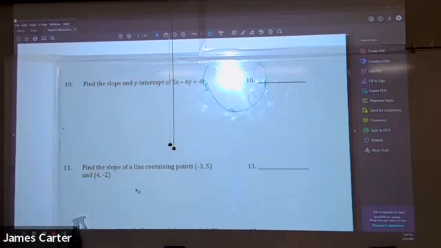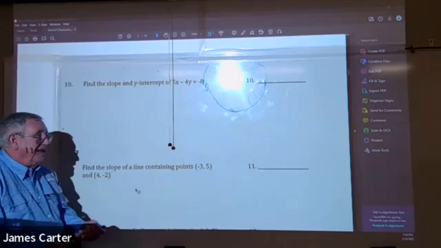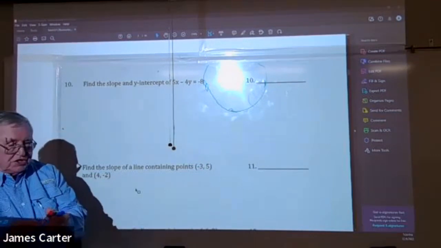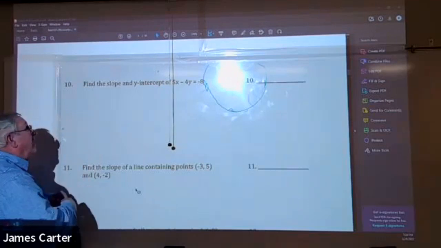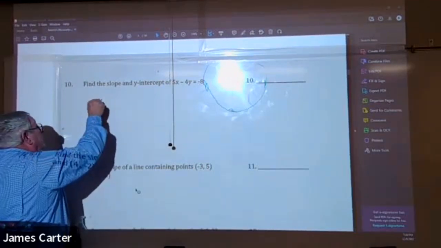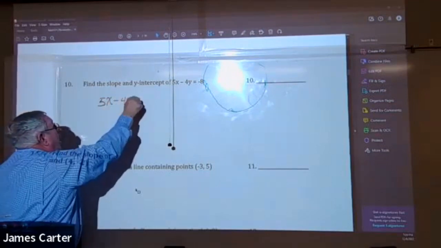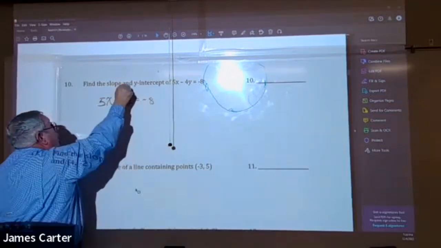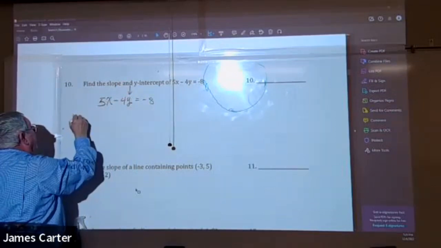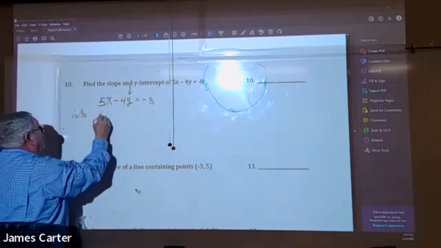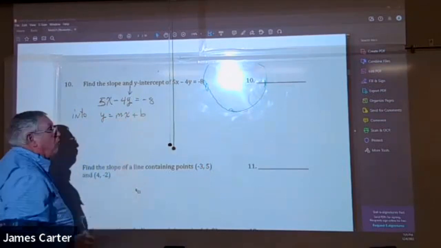Find the slope and y-intercept of that equation. That's a pretty easy question, actually. This is standard form. We have to isolate y and put this in that format.